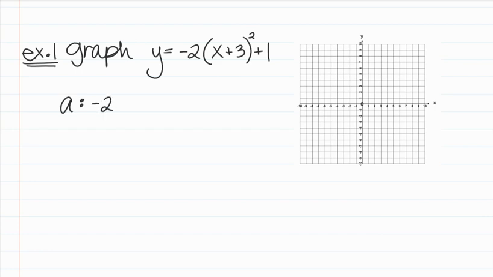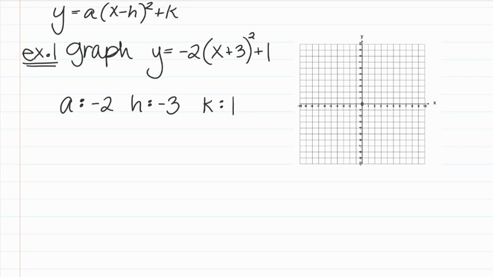So a is -2, h is -3, and k is 1. Now, remember, our vertex form is a times the quantity x minus h squared plus k.